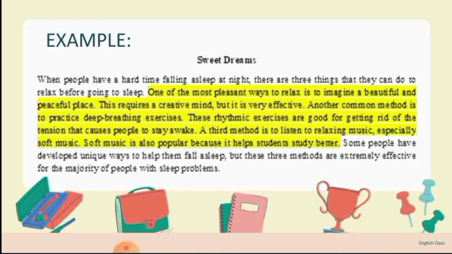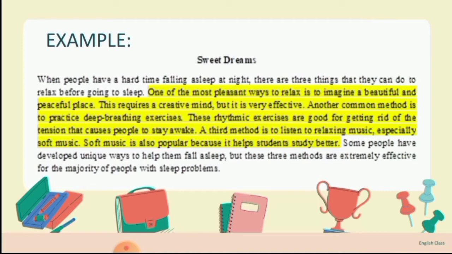A third method is to listen to relaxing music, especially soft music. Soft music is also popular because it helps students study better. Okay, so here in this example, we have at least 1, 2, 3, 4, 5. So here we have 5 sentences to support the topic sentence.